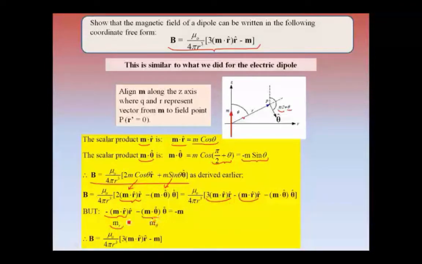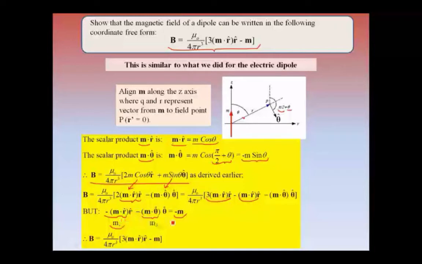So what you have then is m sub r times r hat, and then minus m dot theta hat, which is m theta times theta hat. Well, that's how you define a vector, which would actually be our m. So minus m. That's just looking at the components and the unit vectors of the vector.